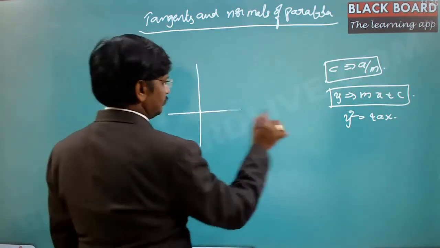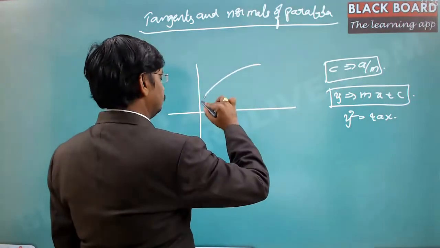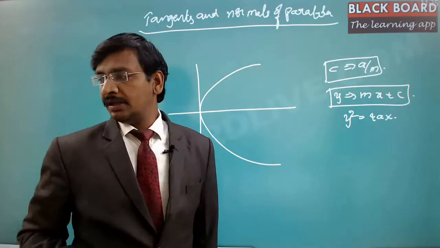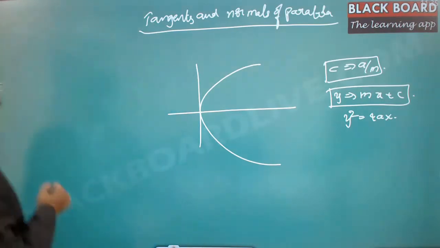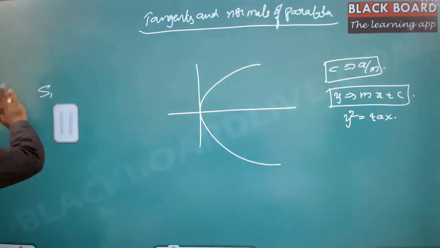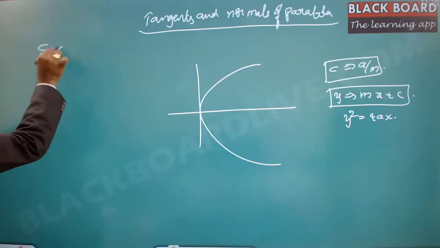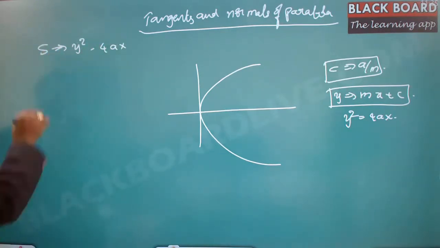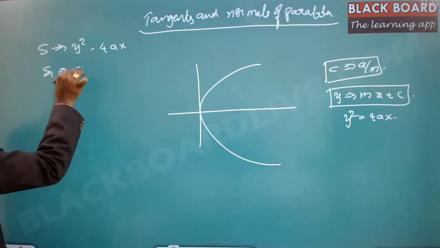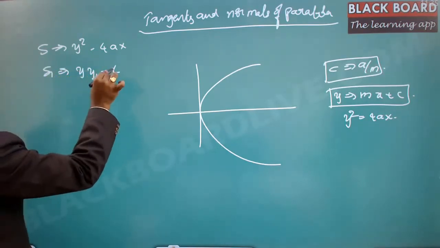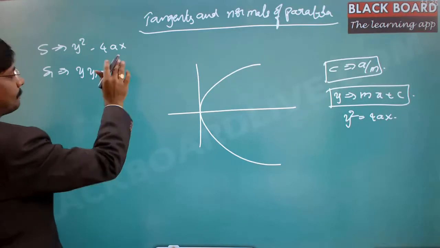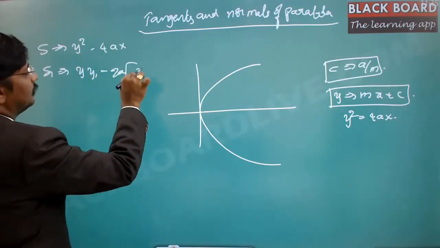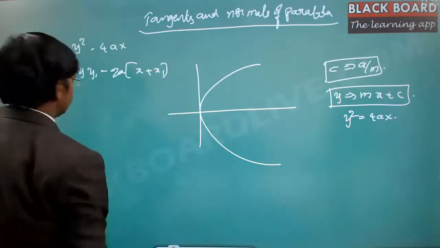Suppose the equation is y is equal to mx plus c. Now, we know that S equal to 0 is defined as y square minus 4ax. So this is S. And S1 is nothing but y1 y minus 2a into x plus x1. So this is S1.